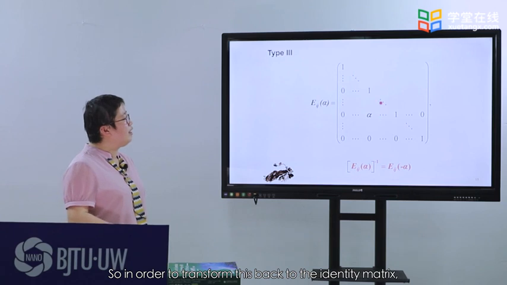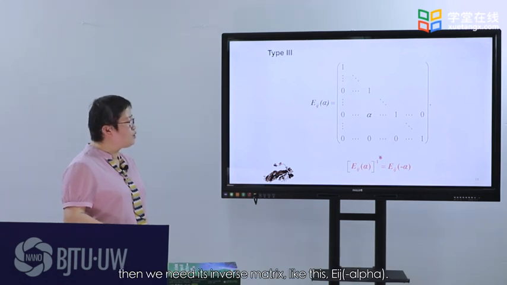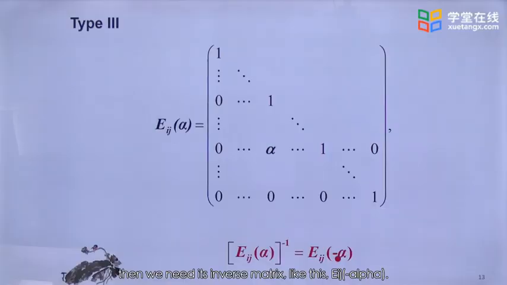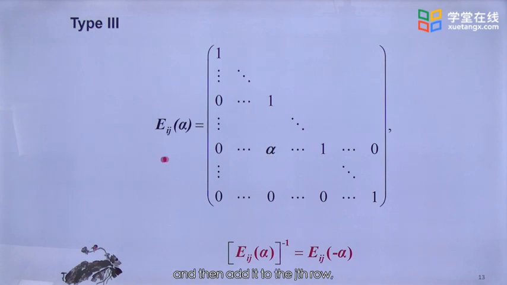In order to transform this back to the identity matrix, we need its inverse matrix, Eij(minus alpha). If you use minus alpha times the ith row and then add it to the jth row, you just eliminate this alpha to be 0. So it becomes the identity matrix again.